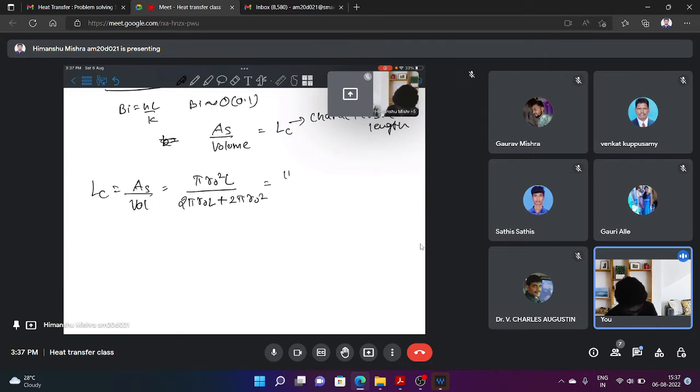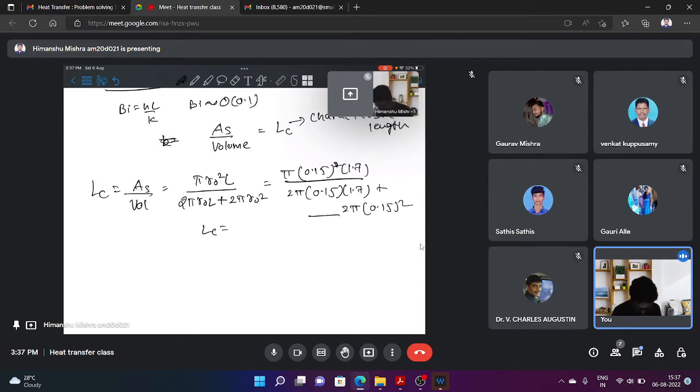On substituting the values and solving, we get the characteristic length as 0.0689 meter.